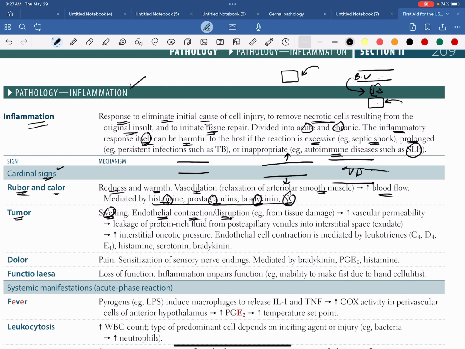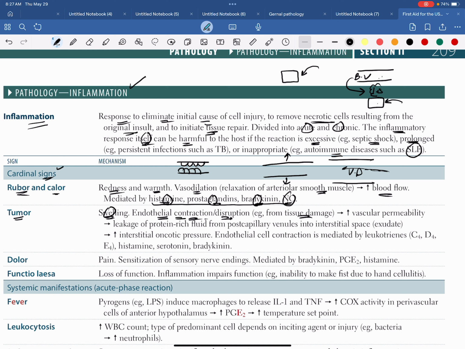Let's suppose these are the endothelial cells present inside the blood vessel. Normally these endothelial cells do not allow fluid and proteins to leak into the interstitial space, but when the injury occurs, these endothelial cells allow the fluid and the protein to move into the interstitial space.